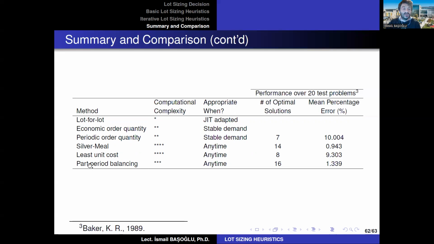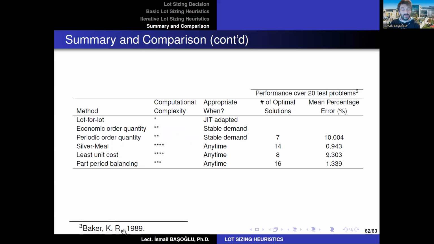Now, the last three heuristics are usually appropriate to use in almost every kind of circumstance, every type of demand profile. Economic order quantity and periodic order quantity heuristics are simple to understand and simple to explain, but they are more successful when we observe a stable, stationary demand. And the lot for lot approach should be used when just-in-time policies are adapted.